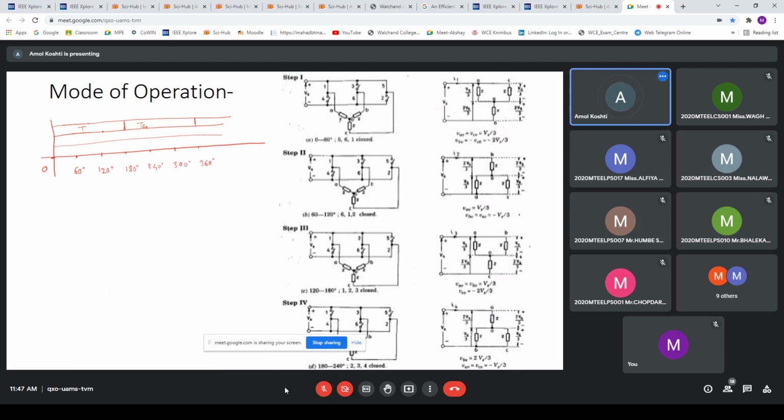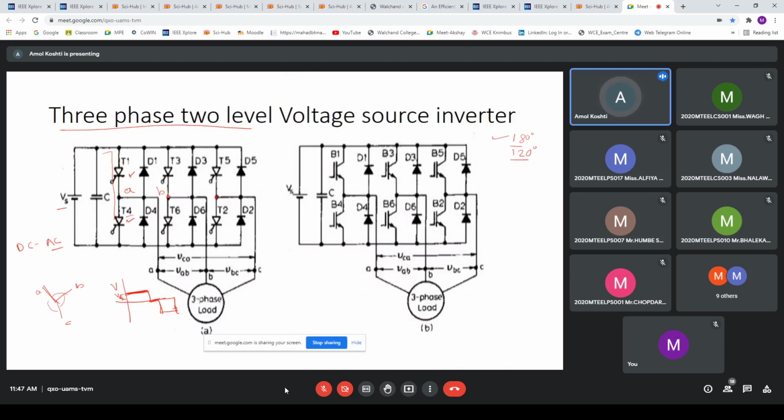So for the remaining 180 degrees, T4 is on. Now we come to the second leg, which is B phase, or we can assume Y phase. Here we have taken B, so we'll assume B phase. After A, 120 degree B will emerge.